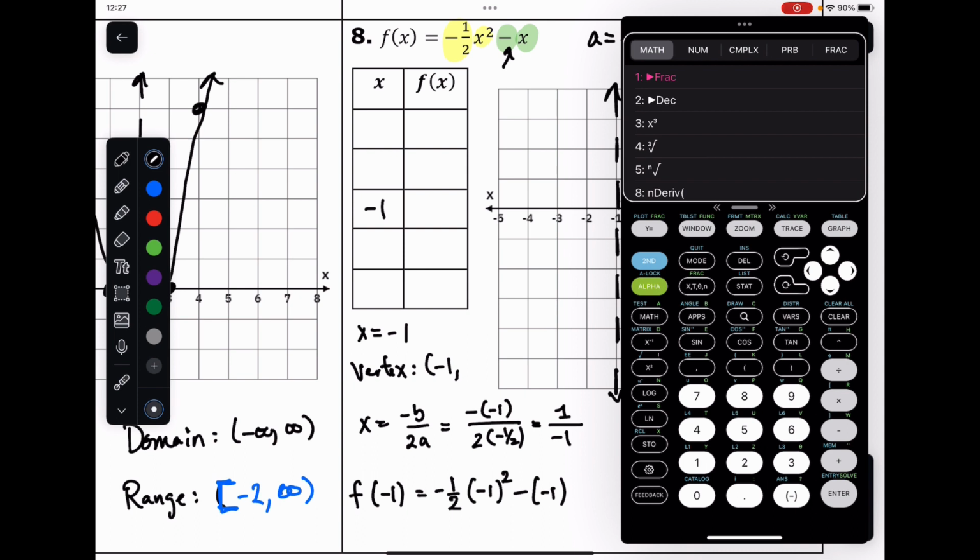All of my shortcuts are under math, and if I go all the way down to number, I see this notation here.